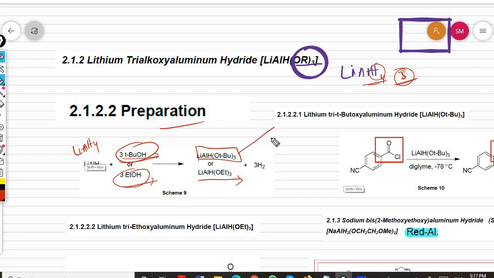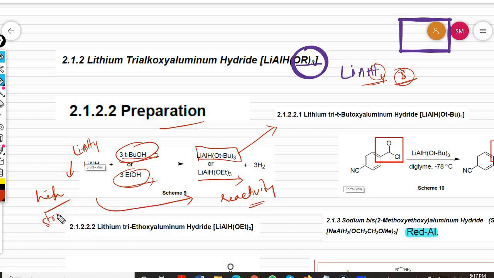So the first reagent, tri-butoxy lithium aluminum hydride. As the alkoxy groups are added to the lithium aluminum hydride, the reactivity changes. In lithium aluminum hydride, where all 4 hydrogens are there, the reduction is more prominent, so it has more reducing reactivity. Lithium aluminum hydride is a highly reducing agent. As the alkyl groups are added, the reducing reactivity decreases.